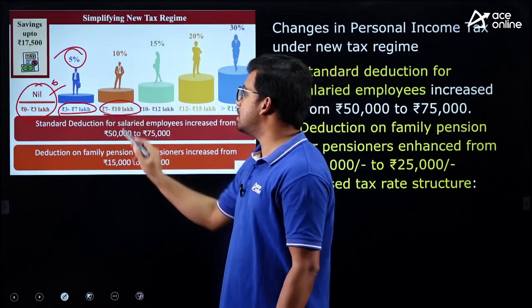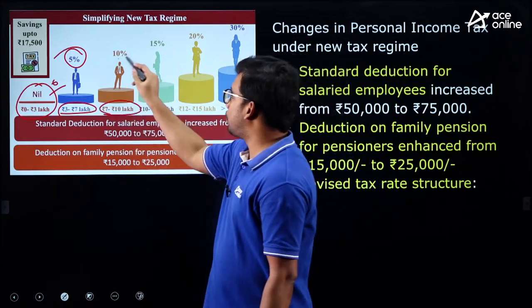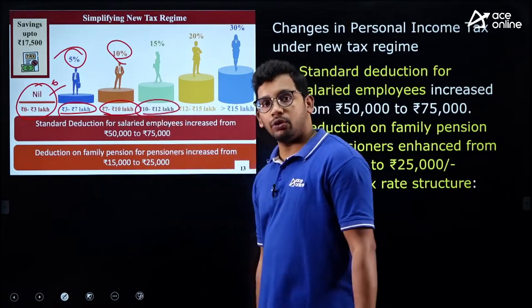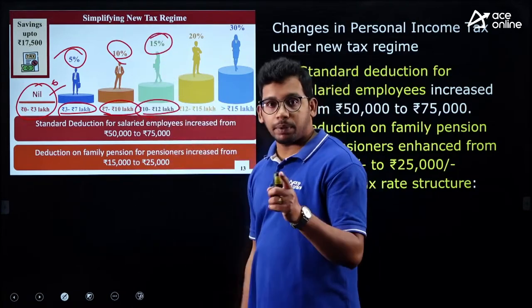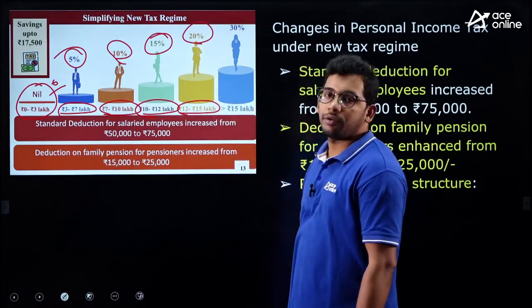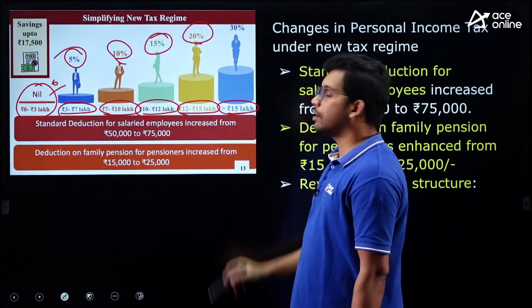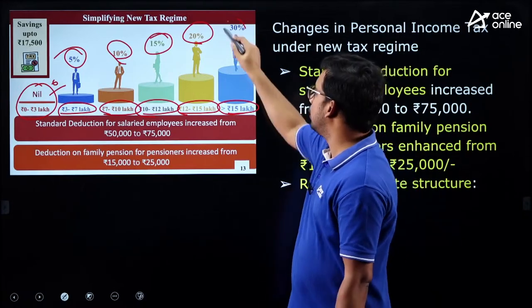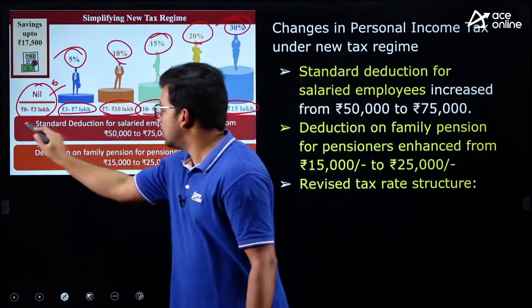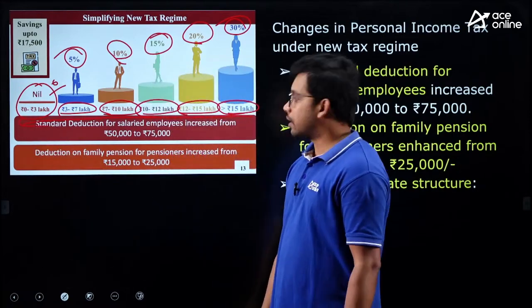If you are earning between 7 to 10 lakhs, you need to pay 10% tax. If you are earning between 10 to 12 lakh, then 15% tax you need to pay. 12 to 15 lakhs, you need to pay 20% tax, and if your annual package is more than 15 lakhs, then 30% tax you need to pay. So this is the tax structure, right?